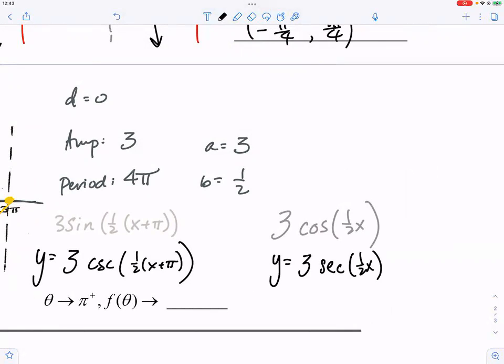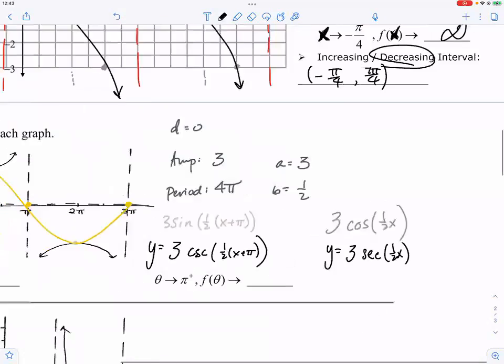So if you have to choose again, would you choose sine or cosine? I would choose cosine, just having fewer things to write down, less chance to make a mistake.